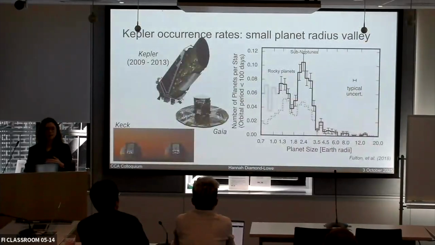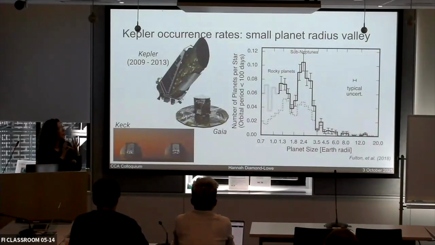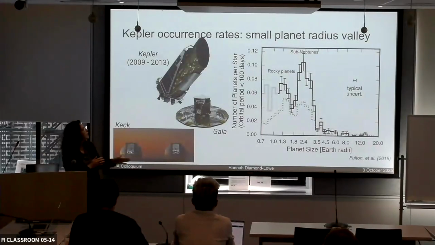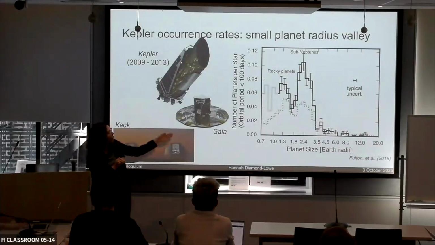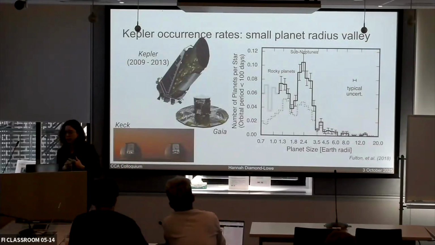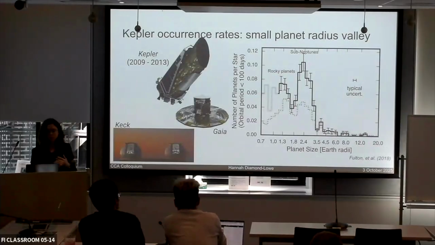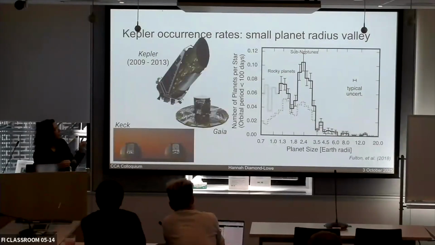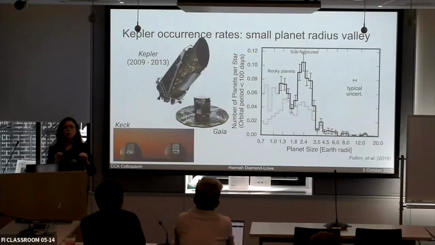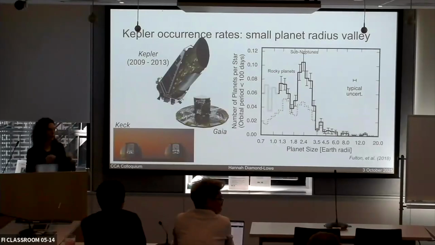What did we learn? Kepler actually taught us many things that are very profound, but specifically in thinking about small planets, if you look at the number of planets on the y-axis as a function of size, so Kepler measured planet size relative to the host star. One, small planets are the most common type of planet orbiting stars in our galaxy.